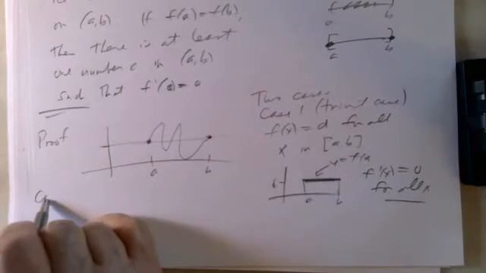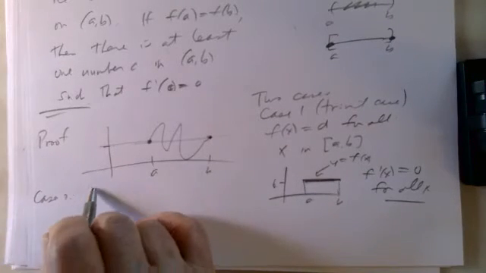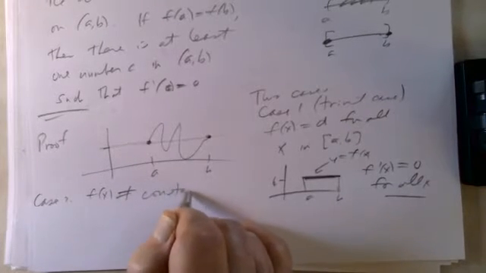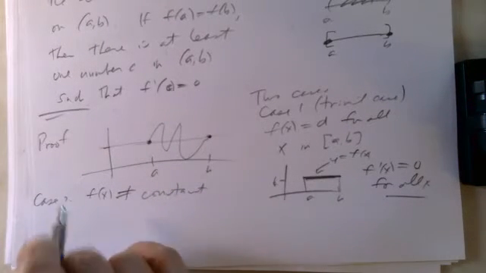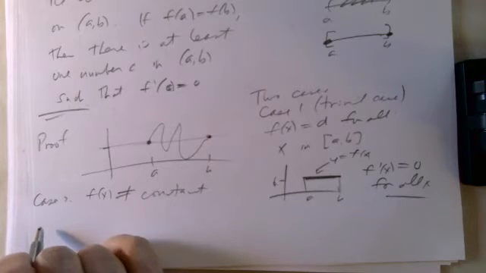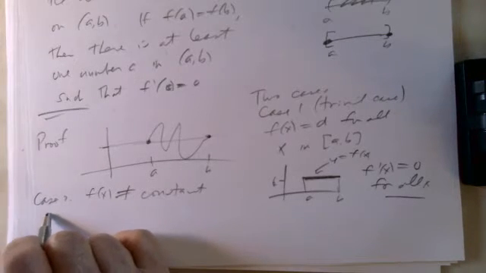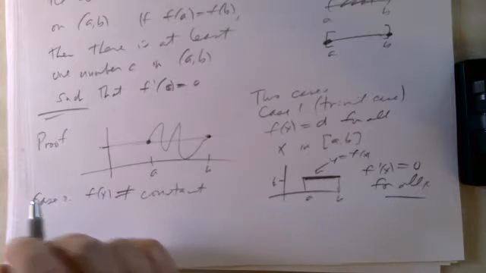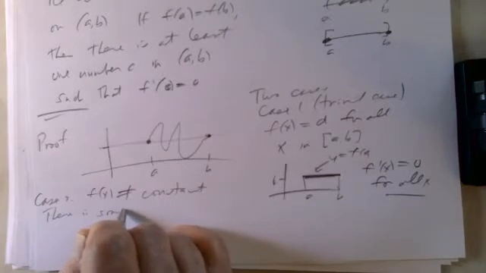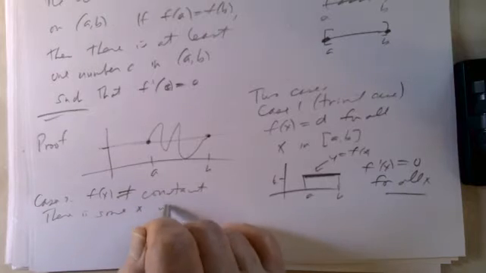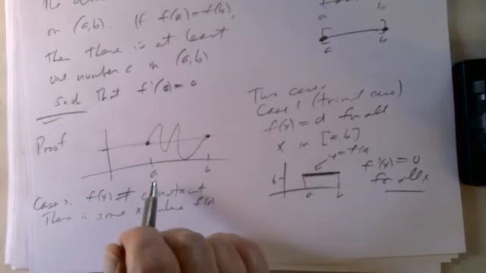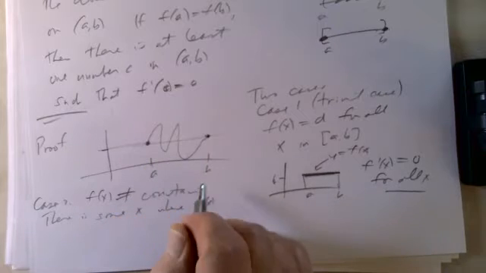And what about the second case? So the second case is f of x is not a constant function. So if it's not constant, that means there is some x where f of x is different from the value at the endpoints.